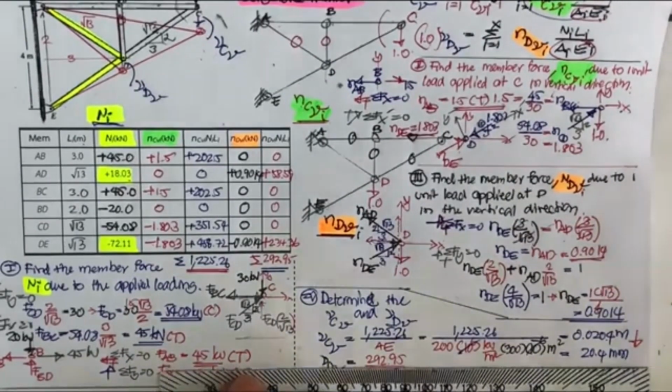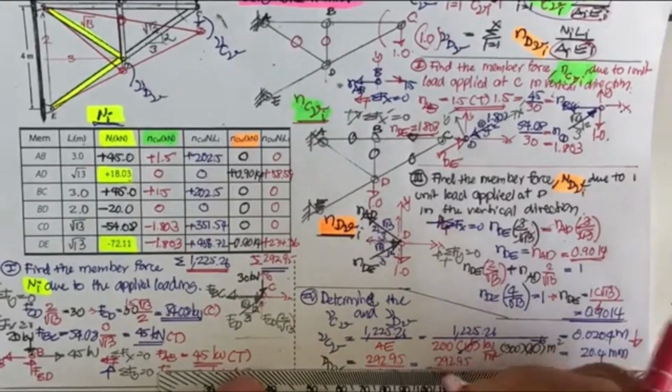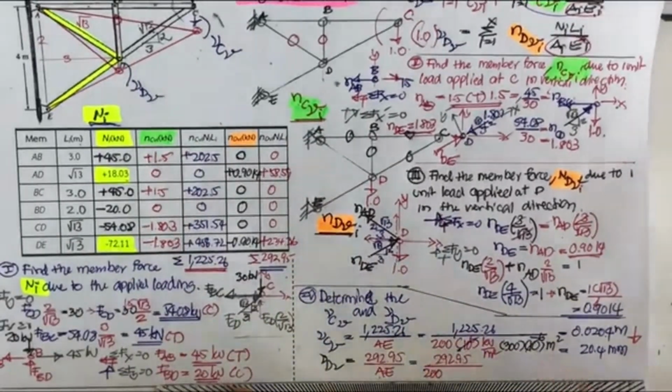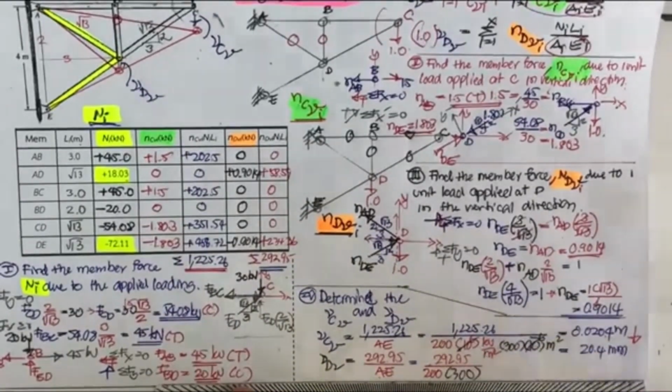Okay, and this one also you may get easily. Just put 292.95 and then divide it by 200 times 300. Okay, cut.